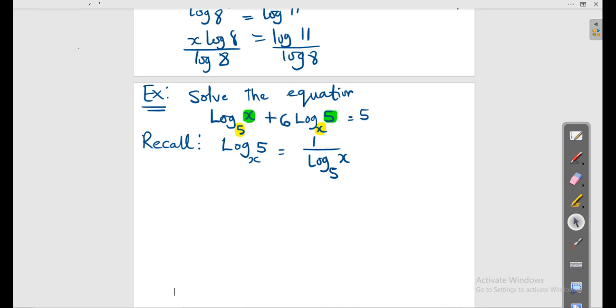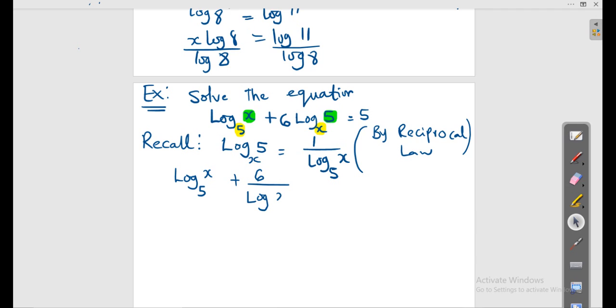Using what law? By the reciprocal law. So that gives us log x base 5 plus 6 times 1 over log x base 5, which becomes 6 over log x base 5, equals 5.